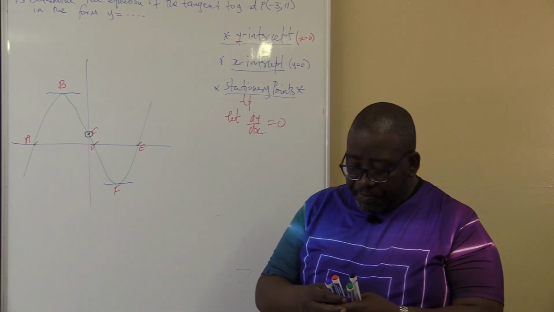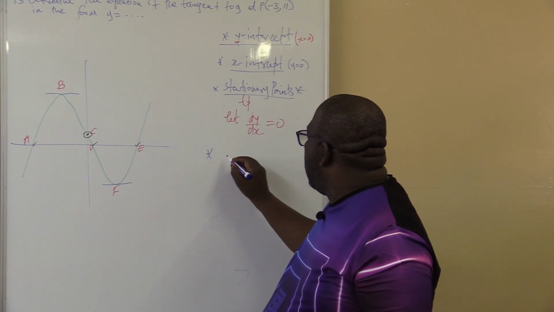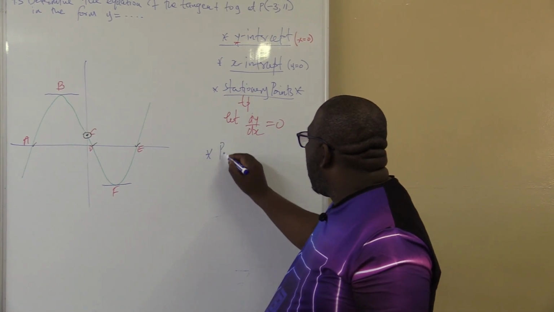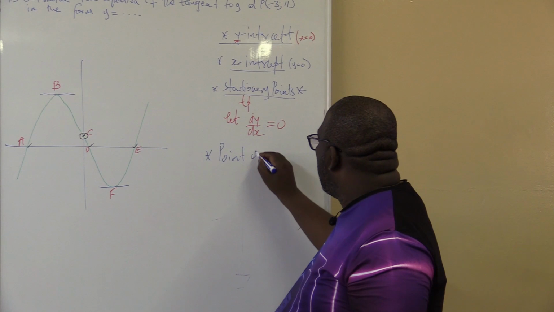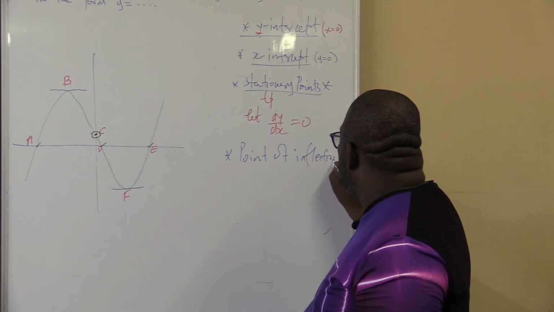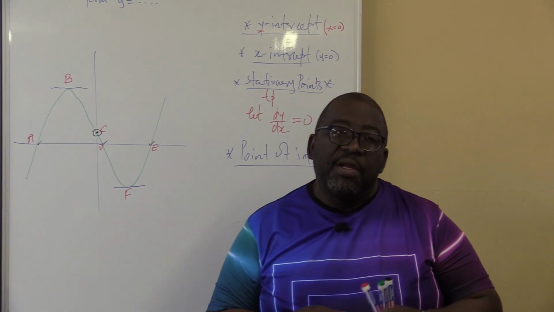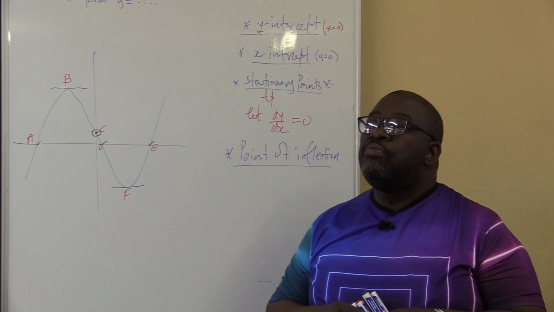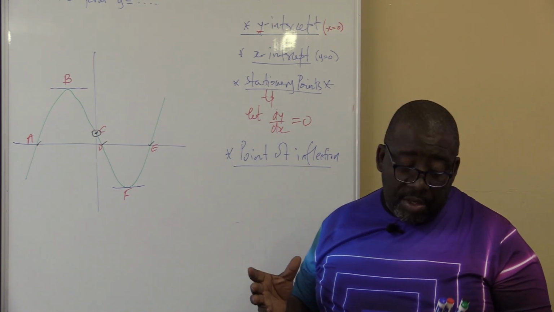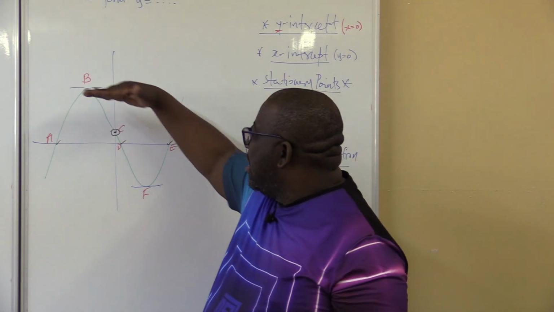The last point is called the point of inflection. This is another point which is important when we're dealing with cubic graphs. Remember, we're studying calculus. At this point there is no gradient.